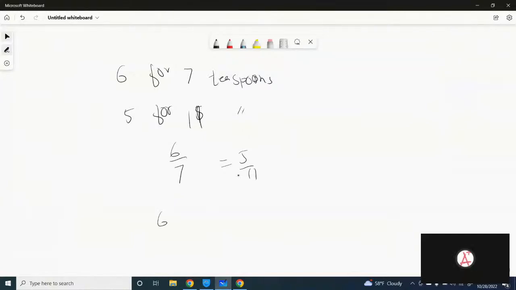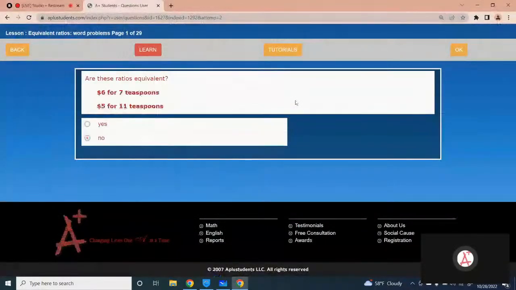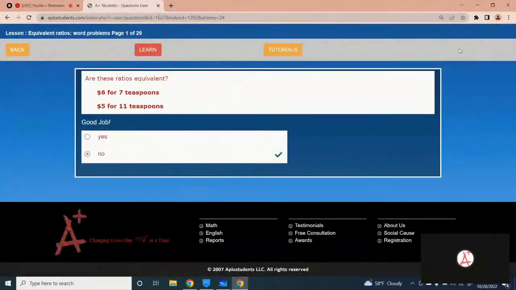It would be 6 times 11 and 5 times 7. So 6 times 11 is 66 and 7 times 5 is 35. So they are not equal. That means the fractions are not equivalent. Got it? So just select the correct option, the answer is no, they are not equivalent, and then click on the OK button.